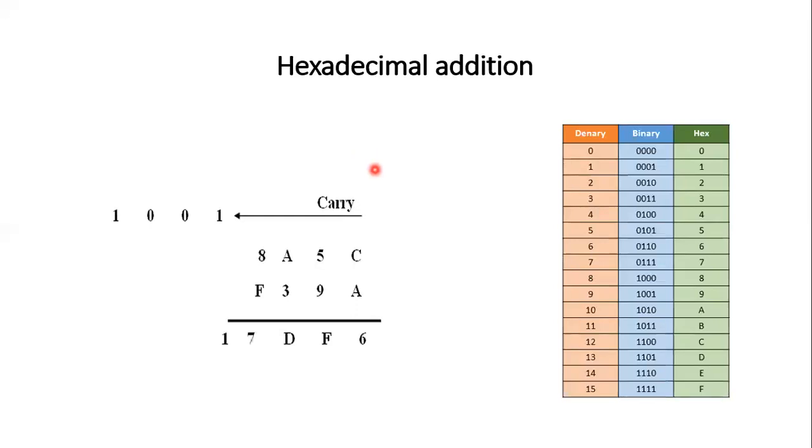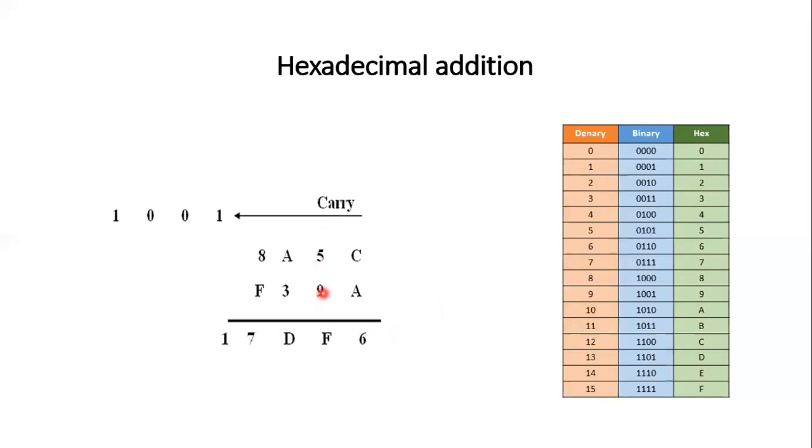So the addition is performed the same way. Okay, here C plus A, C is 12, A is 10. So 12 plus 10 is 22. So 22 divided by 16, 1 16 is 16. Then remainder is 6. Therefore, we put the remainder here and then carry is 1.